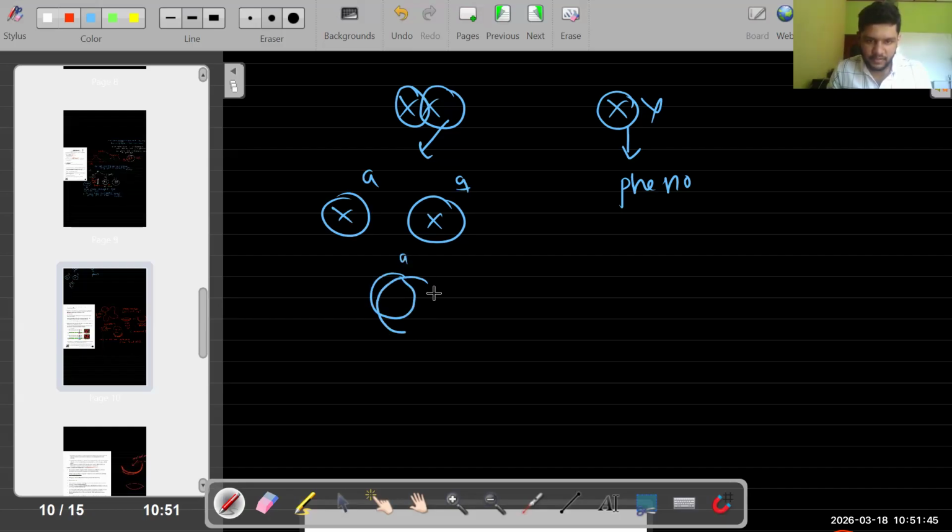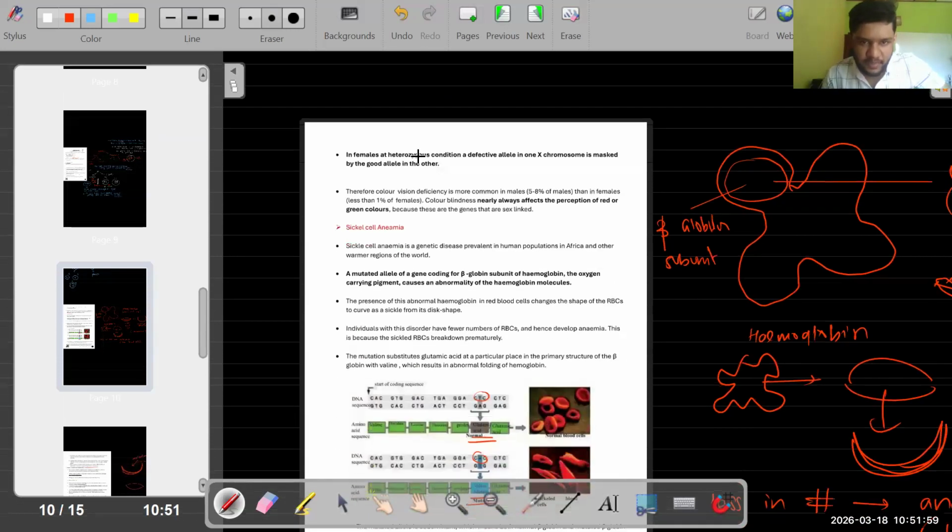It will come in front and mask it, so the defective allele will not express its effect. Can you see these are two alleles? That is what they convey here: in female heterozygous condition, the defective allele in one X chromosome is masked by the good allele in the other.